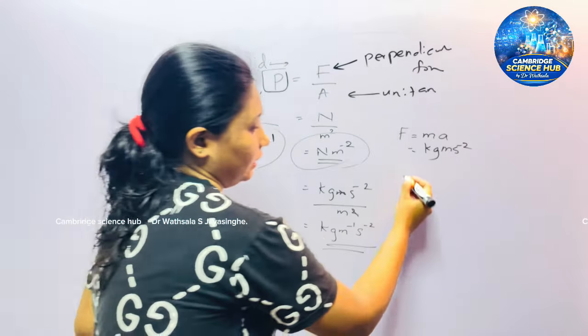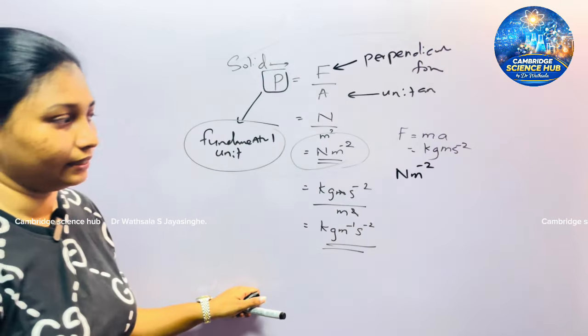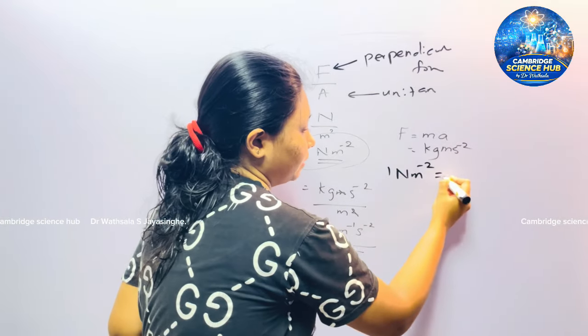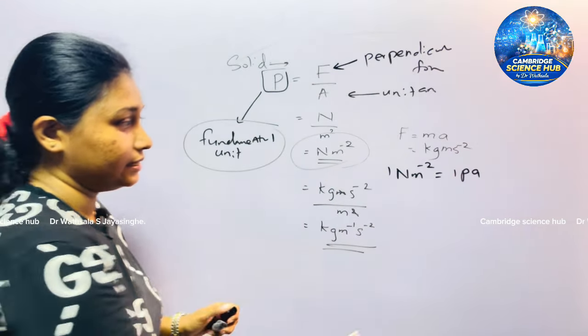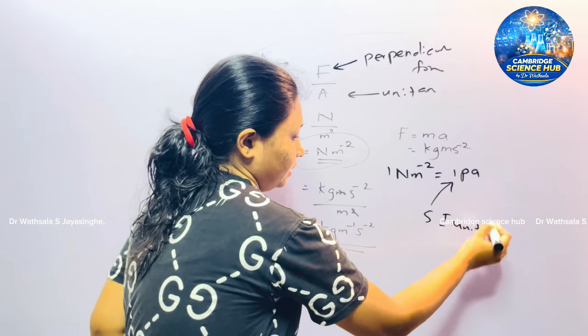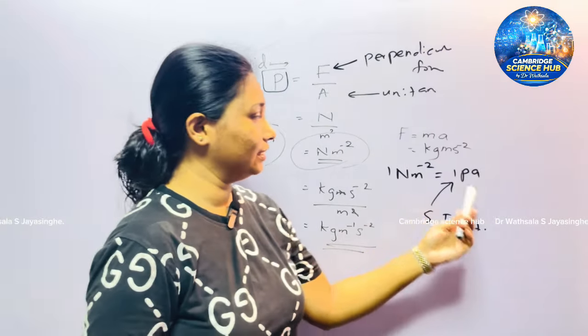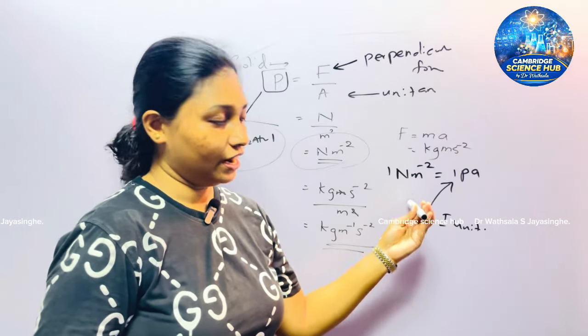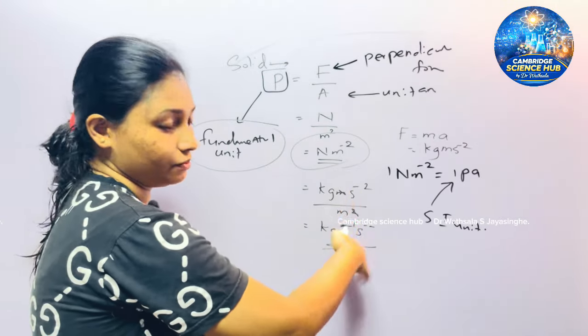Anyhow, even for the N m^-2, in honor of Pascal, they have given 1 N m^-2 is equal to 1 Pascal. Now keep in mind, this is the SI unit of measuring pressure. Now if they ask, what is the SI unit of measuring pressure? It's Pascal. So 1 Pascal is equal to 1 N m^-2.